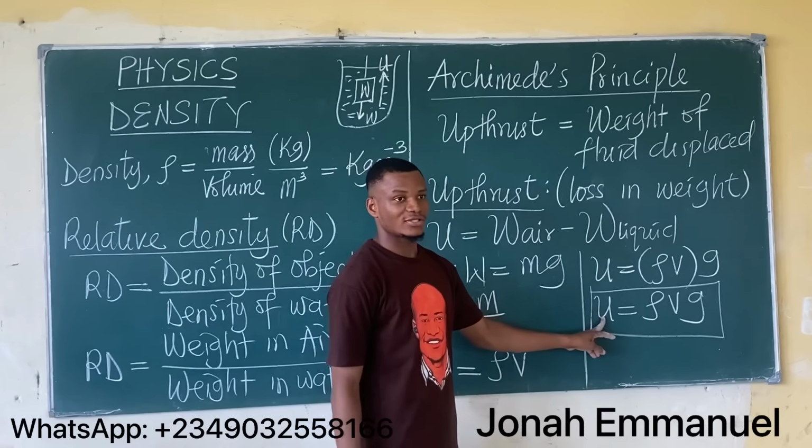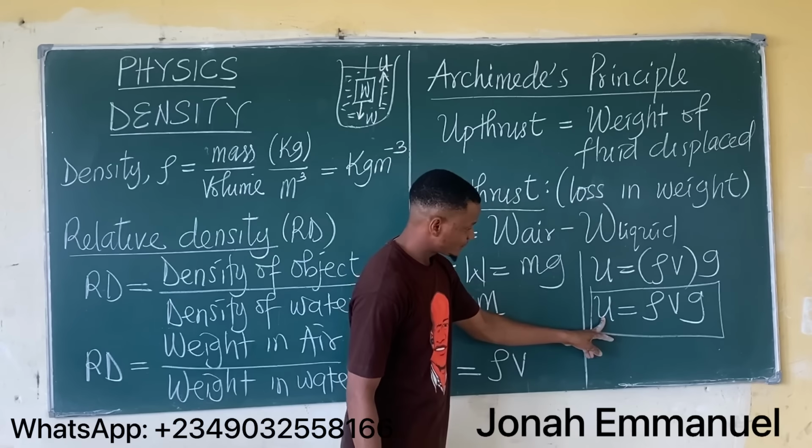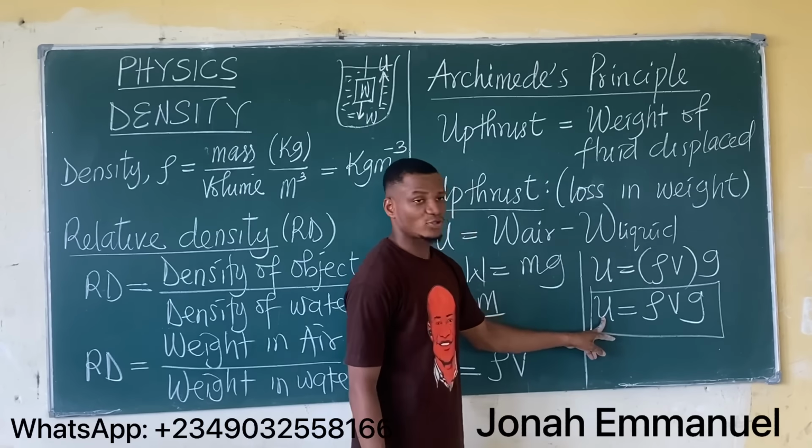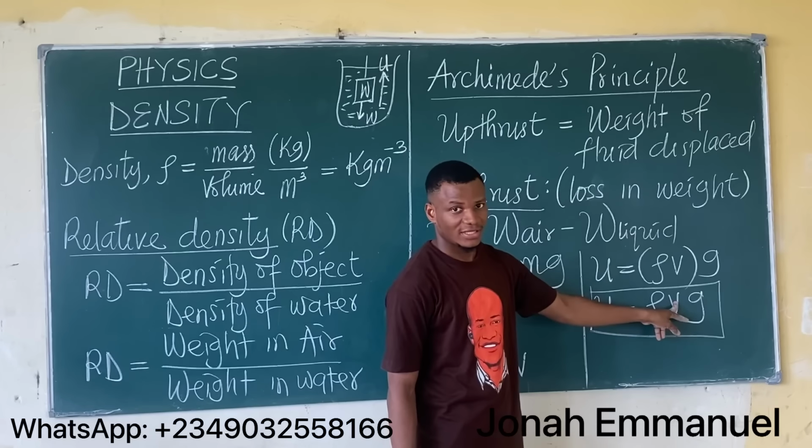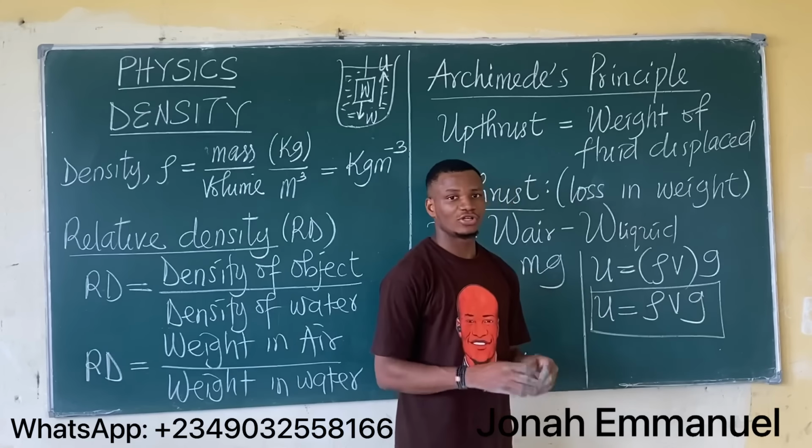The upthrust exerted by a liquid on a body is equal to the product of the density of that liquid, the volume of the solid, and acceleration due to gravity.